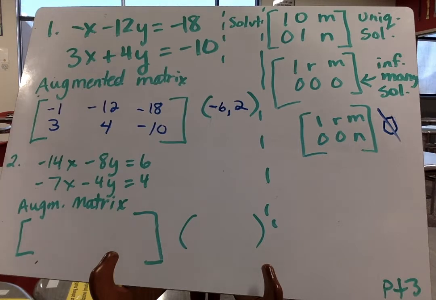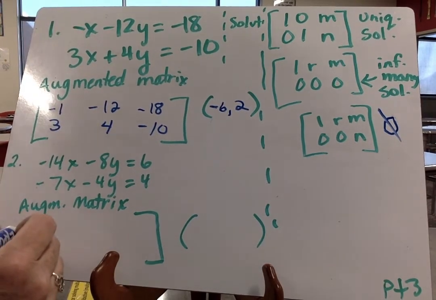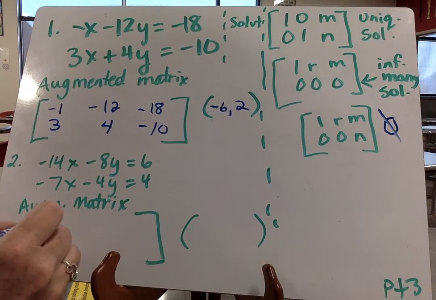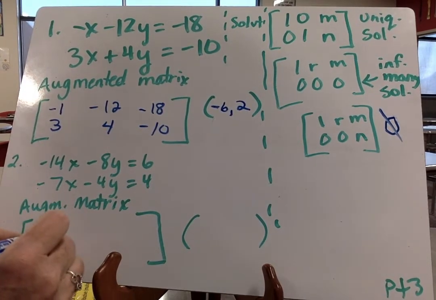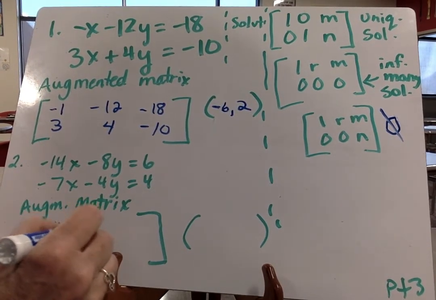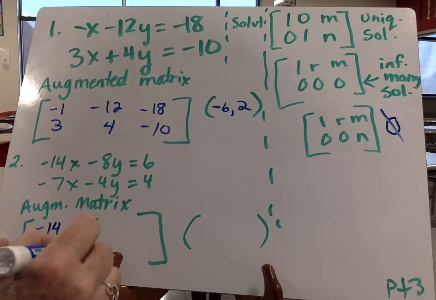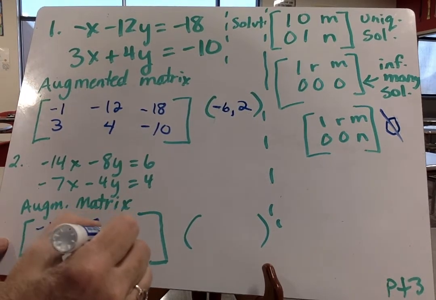We're going to do our augmented matrix for, I believe, number 2. We're going to write -14, -7, -8, -4, 6, and 4.